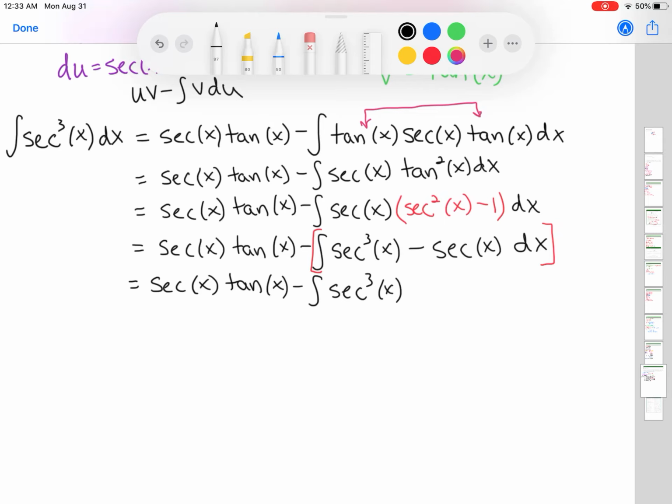So if I break this up, this would actually become a positive secant x dx. Okay, so now I have that.